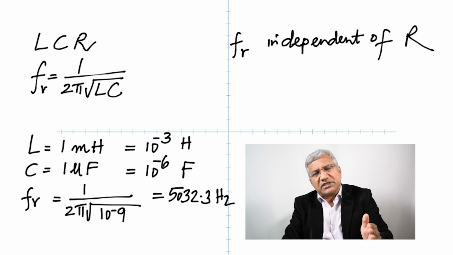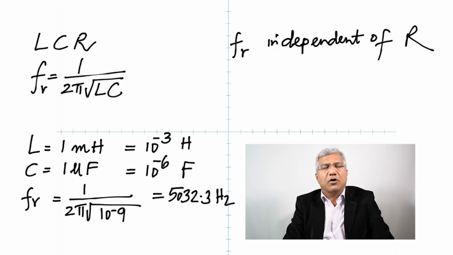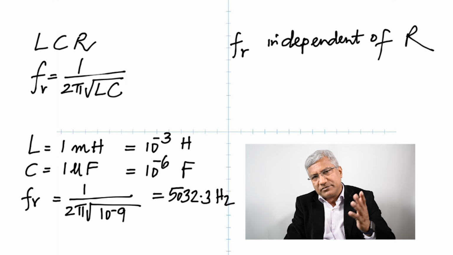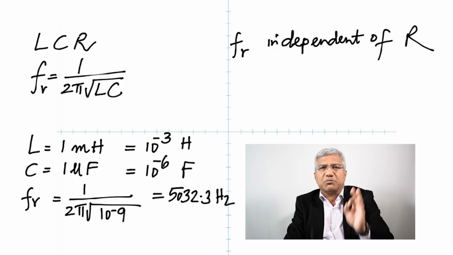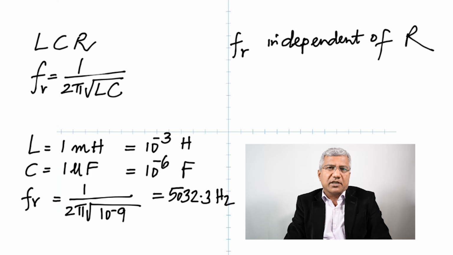It is the frequency at which the current becomes maximum, or the impedance. Not written down the formula for impedance, but remember, impedance becomes minimum. Now remember that on the final exam, the concepts are more important than calculations. So you got to be listening very carefully.